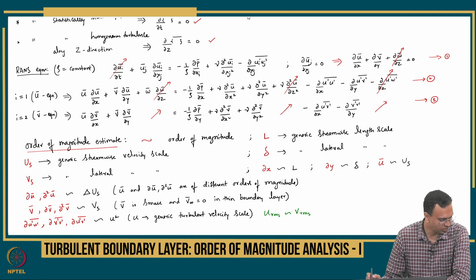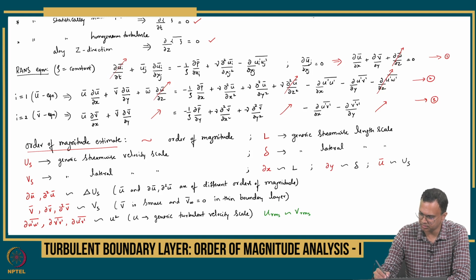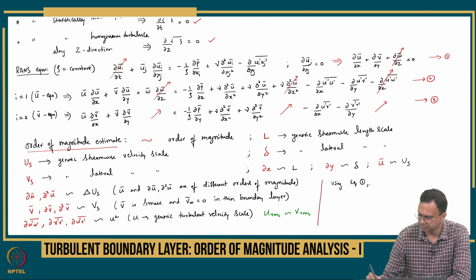Okay, so now I think we have all the scales ready except one, that is V bar, and also P bar for the pressure. For V bar, I essentially use continuity equation 1. Using equation 1, I have ∂U bar/∂x equal to minus ∂V bar/∂y.